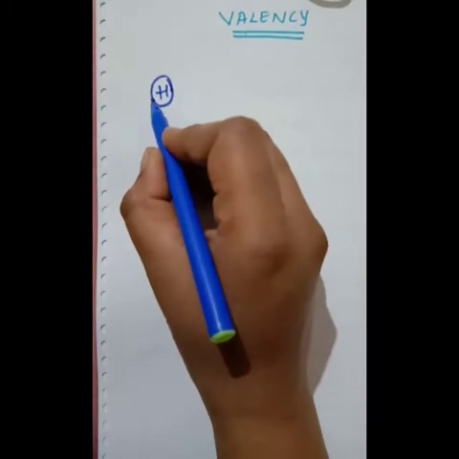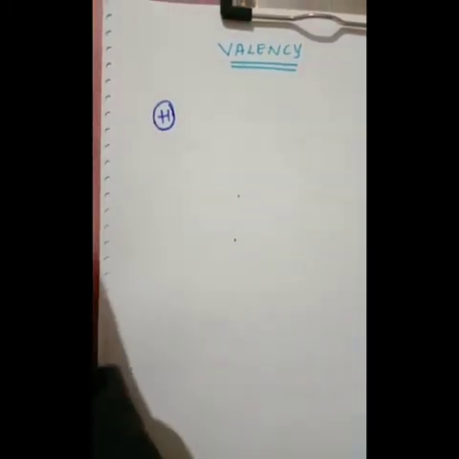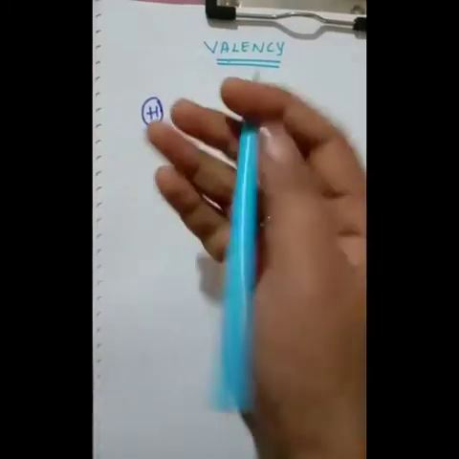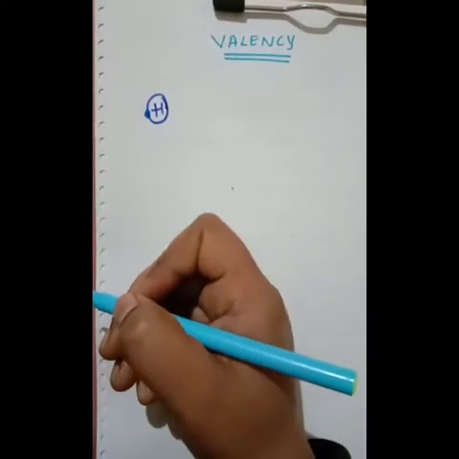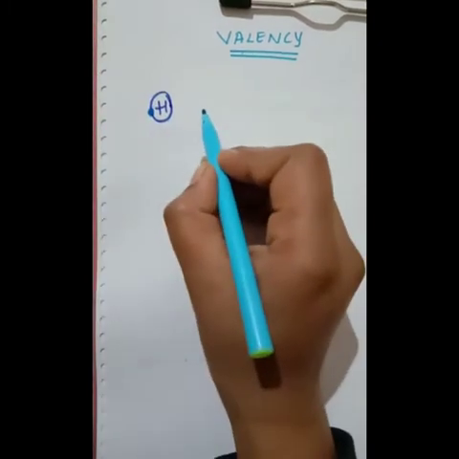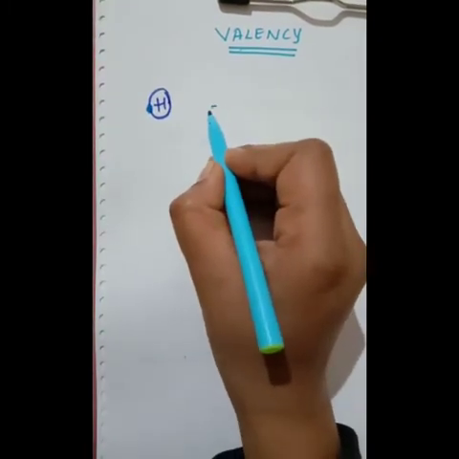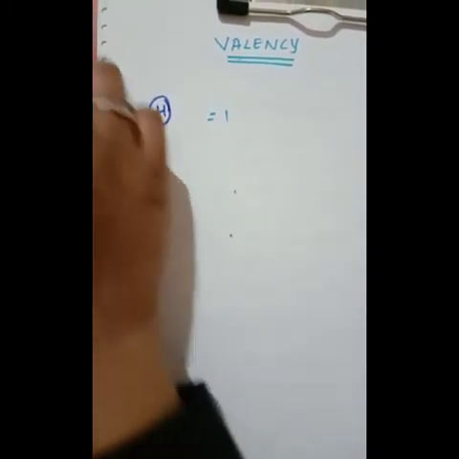In the outermost shell, we see one electron is present, isn't it? So now we can say that valency is 1. Fine.